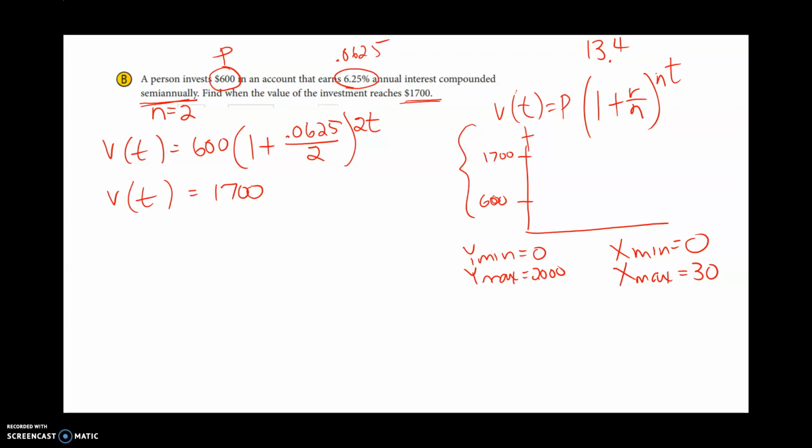All right, well, this is the window from the last equation, and I do not see the intersection. So let's look at what the window was. Oh, I only had it going to 15 years. But now I'm going to change x max to 30. And I should be able to see my intersection.